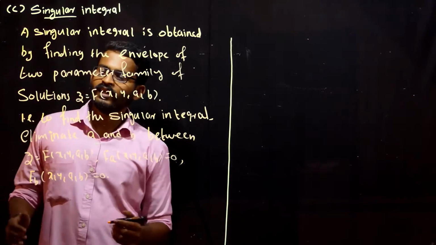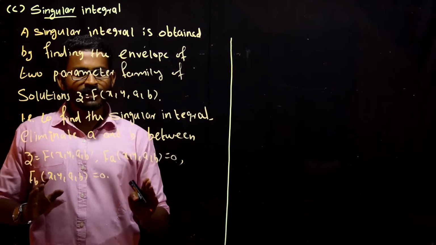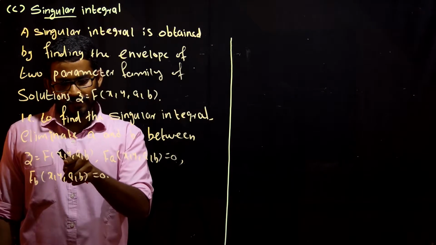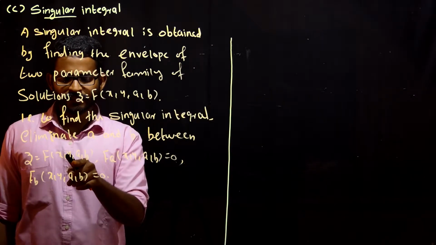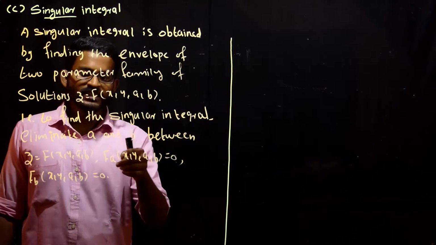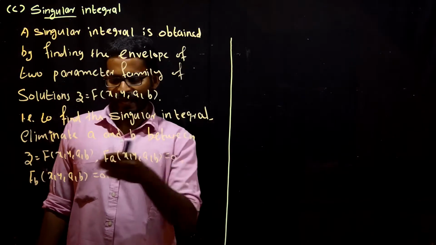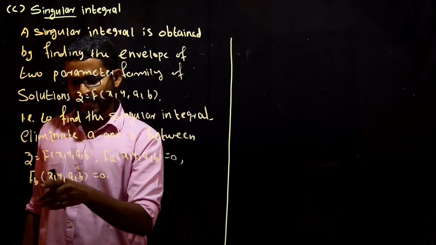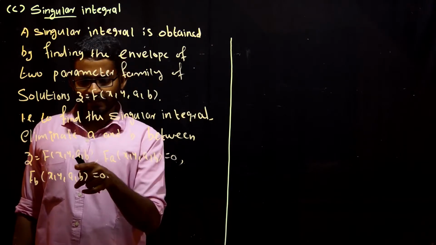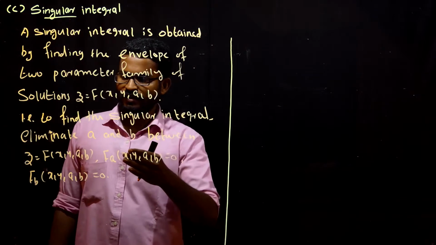What I mean is that if we want to find the singular integral, we eliminate the two parameters a and b between the given solution, its derivative with respect to a equated to 0, and its derivative with respect to b equated to 0.